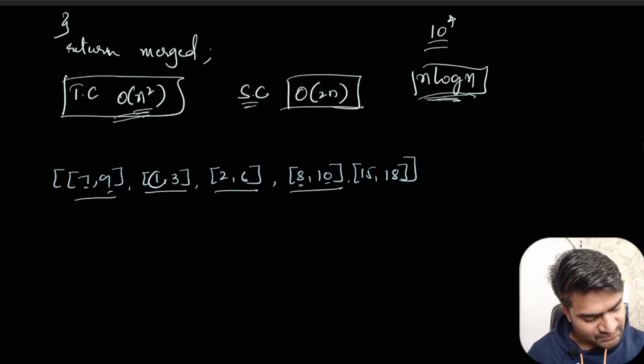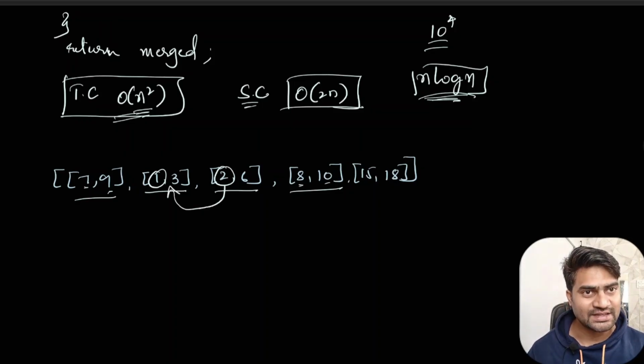Because if you see this particular 2, it lies between 1 and 3, correct? So that's why we say the next interval really merges with the previous interval. So somewhere if we do this, we will be able to address this particular merging in a single iteration.